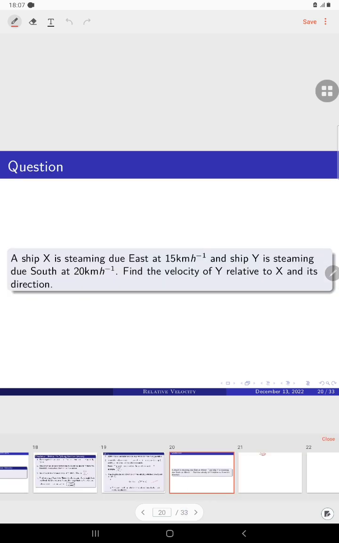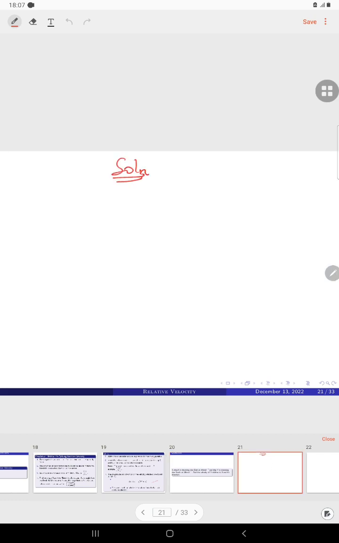Solution. The first one is moving 15 kilometers per hour due east. So how do I draw it? 15 kilometers per hour due east. This is for ship X. And the second one, you can go back to the question and check.